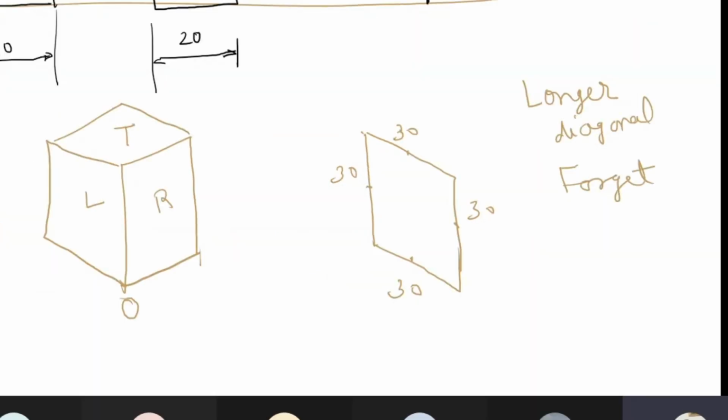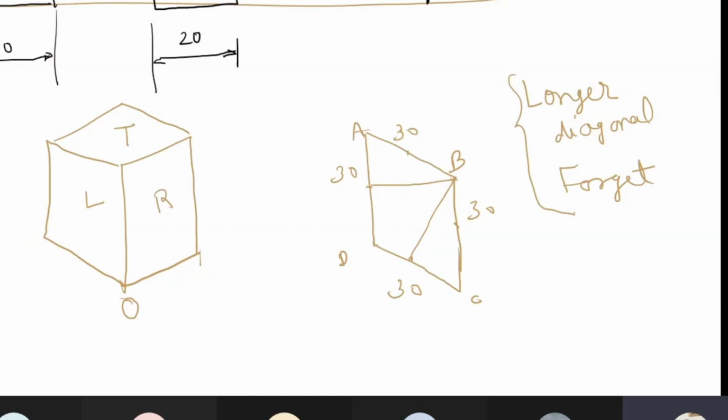Forget about the longer diagonal. Consider the shorter diagonal, in the rhombus A, B, C, D. The two ends of the shorter diagonal are B and D. We will forget about the longer diagonal, we don't want it.